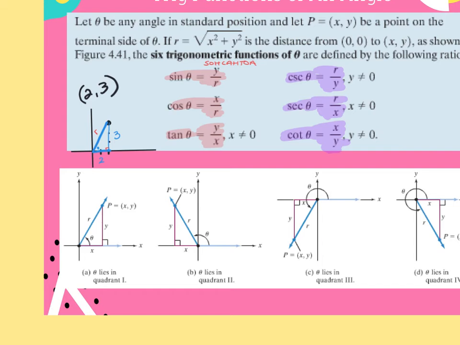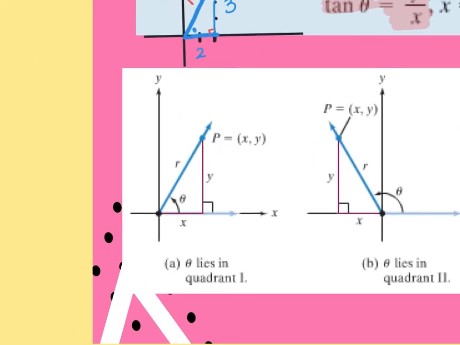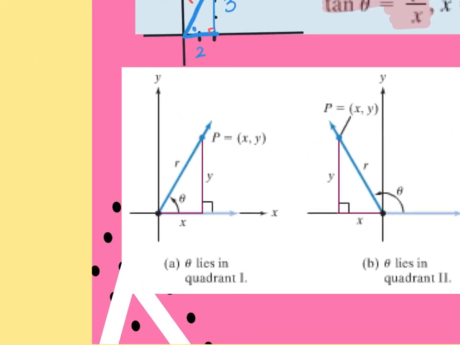So if you look at the box in the bottom, you'll see that as you move around the circle, if my x is positive and my y is positive, this angle is going to live in my first quadrant. If my x is negative and my y is positive, now my angle lives in the second quadrant.